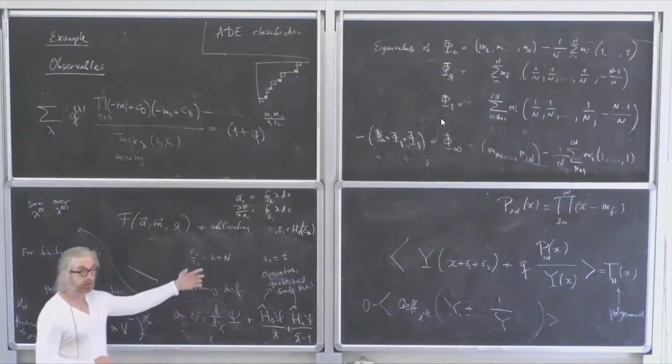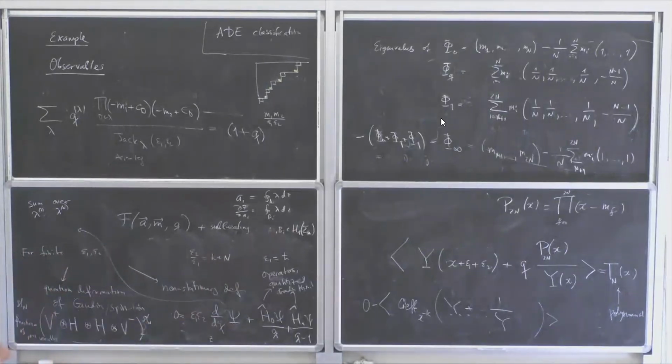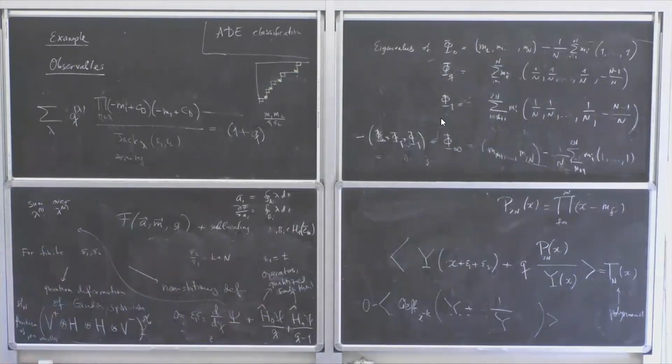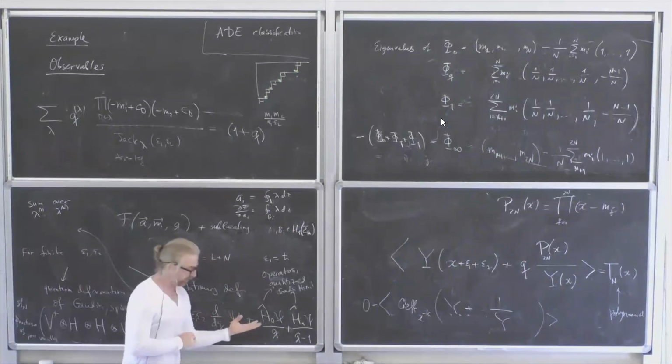You also can get a BPZ equation, and you have, well, for different choices of spins, representations, central charges, and so on and so forth. But typically, this is extended outside the usual realm of CFT.